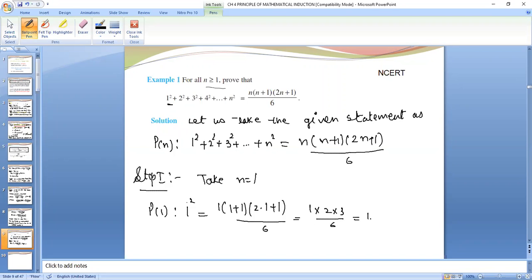Also, left hand side 1 square is equal to 1. So we can write which is true. So the statement for n equal to 1 is true. The first step of mathematical induction, we prove it for n equal to 1.